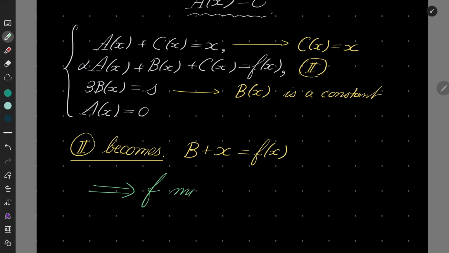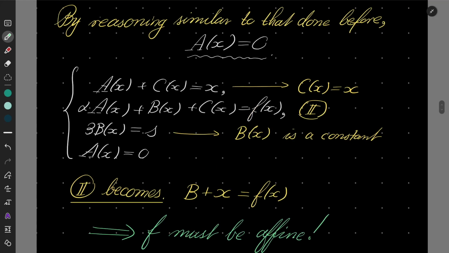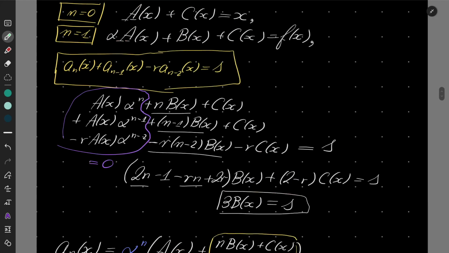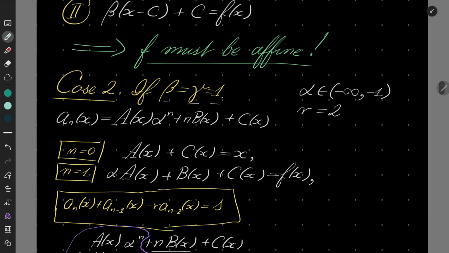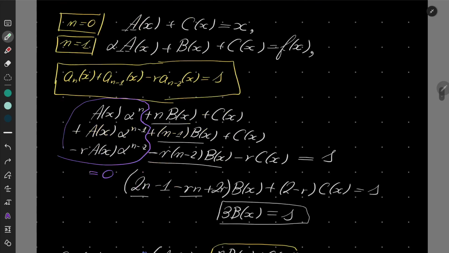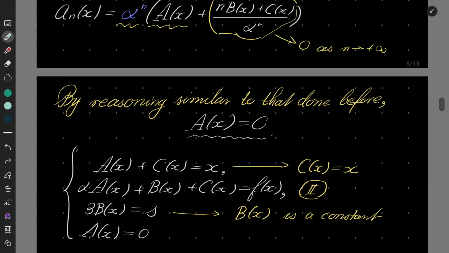F must be affine. In both cases, we have reached the very same conclusion, that our function must be affine. If you go back, the same conclusion was reached before. And now we are almost at the end of our proof.